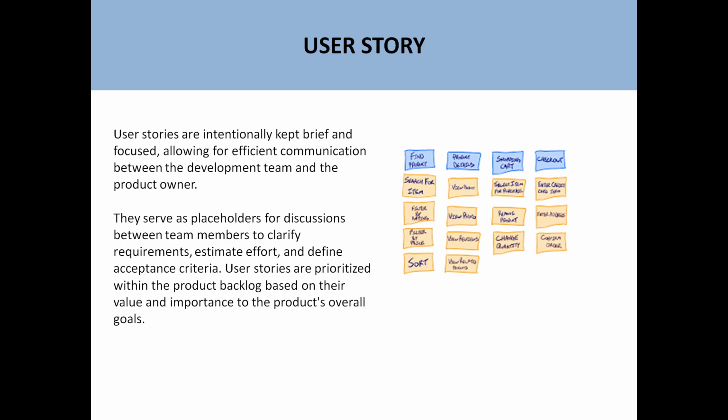Stories are prioritized within the product backlog based on their value and importance to the product's overall goal. So basically, friends, Scrum is overall focused on the completion of the user stories, that means the features required in the product. If those features are clearly defined, it is beneficial not only for the customer but also for the product owner and especially the Scrum team, because the Scrum team is the team implementing the user stories.